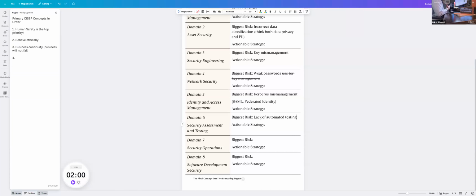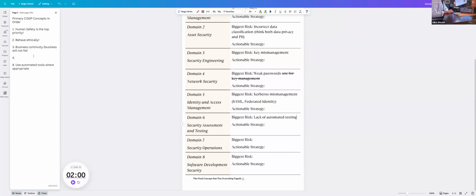We as humans will make mistakes and get lazy because of our subconscious and a mind that works that way. Machines don't think that way. So with automated testing, it's more efficient, almost next to zero mistakes unless the machine has an error, and it's faster. So always use automated testing. And if you look to the left of the screen, the primary CISSP concepts in order, I think number 8 is use automated tools where appropriate.